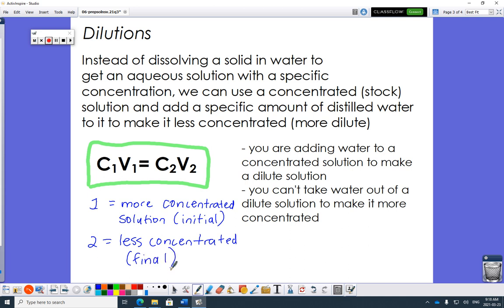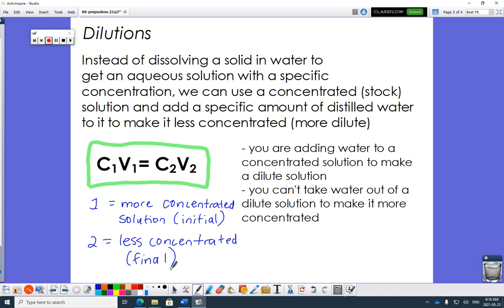As soon as the question says you have a solution of this concentration, we want to dilute it to something else, as soon as you see the word dilute, then you're going to use C1V1 equals C2V2. This is a really common formula to use, even when your lab isn't really about doing dilutions.